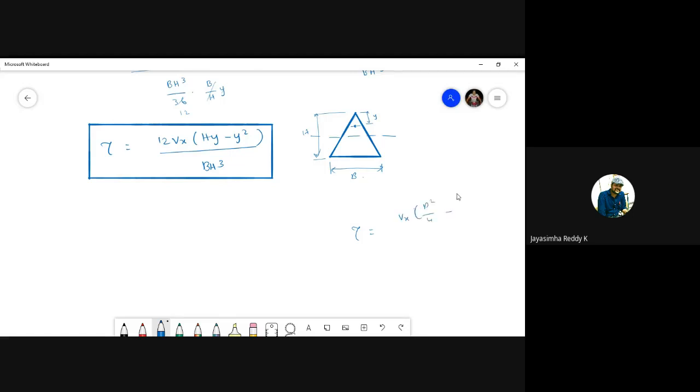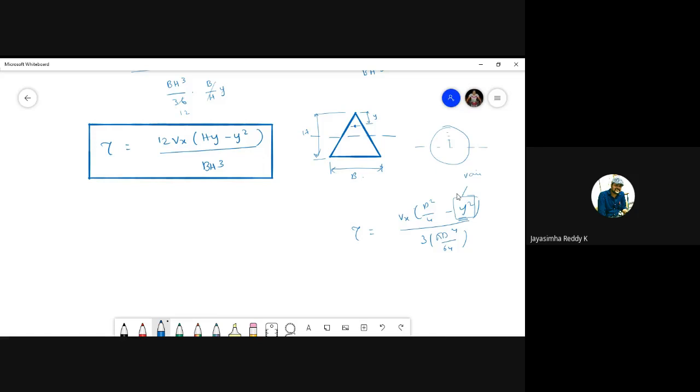D square by 4 minus y square by 3 into pi d power 4 by 64. This is what we have got for circle. Here, if you observe this equation carefully, there is only one y term, and this is the only variable. Only this varies in the cross section. If we draw a circular cross section, only y varies. That means I find the shear stress once here, once here, once here.